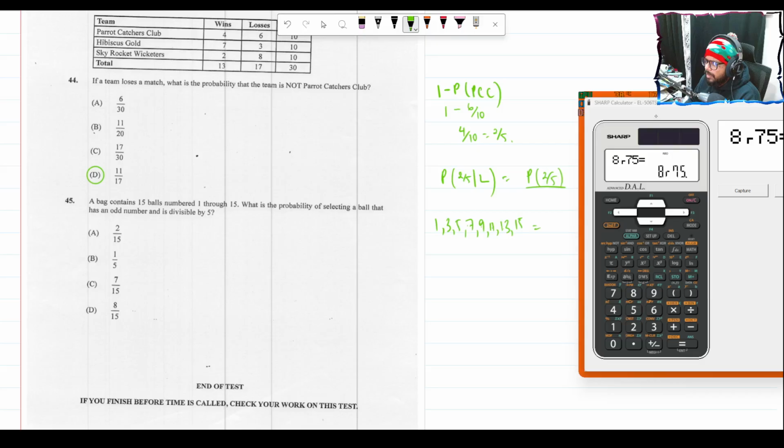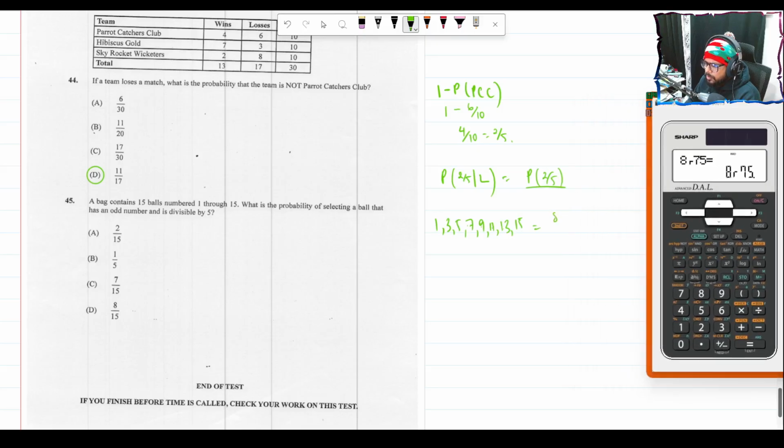So selecting a ball that has an odd number is going to be 8 out of 15, and is divisible by 5. Divisible by 5 is going to be 2. Will it be 2 out of these 8? Multiply by 2 out of 8, we will get 2 out of 15.